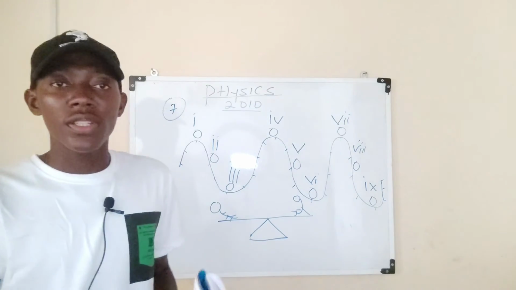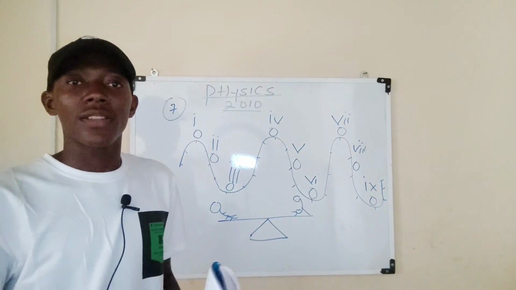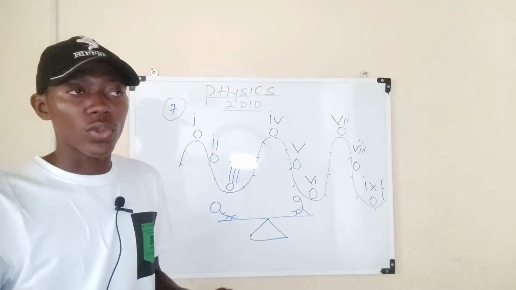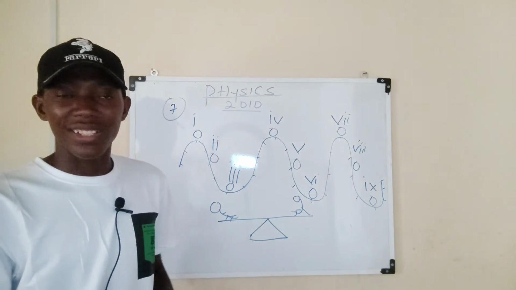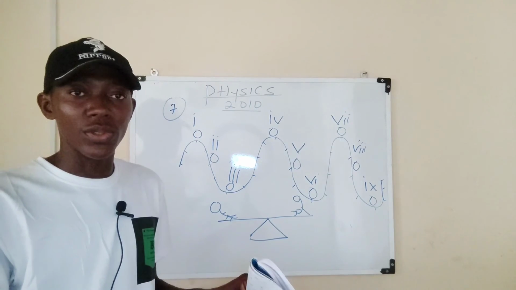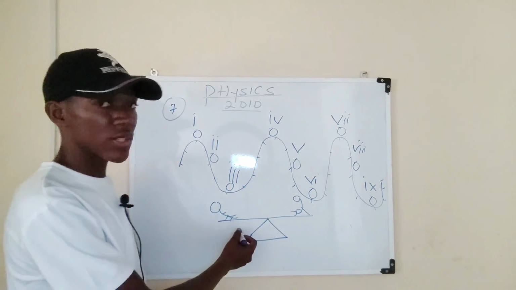Now, this is a question on equilibrium which I intend to explain briefly. When we're talking about equilibrium, we basically have two types: dynamic and static, and that is talking about stability, where it doesn't jingle, it doesn't change, it is stable. Now I have drawn a seesaw here.